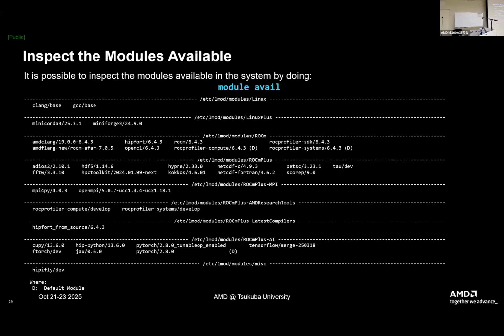And then we have all this software that we add on top of the ROCm install. In AAC 6, since we're going to have multiple ROCms, we have a hierarchical system where when you load ROCm, you see all the software that was built using that ROCm version. That's to try to avoid conflicts.